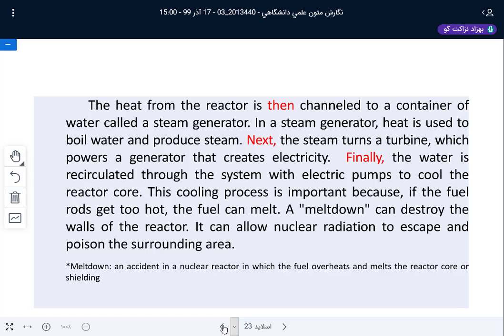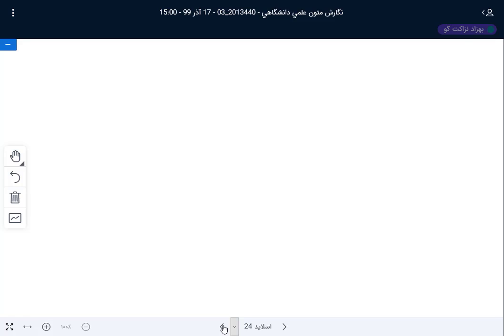This cooling process is important because if the fuel rods get too hot, the fuel can melt. A meltdown can destroy the walls of the reactor. It can allow nuclear reaction to escape and poison the surrounding area. Let me move to the next page.